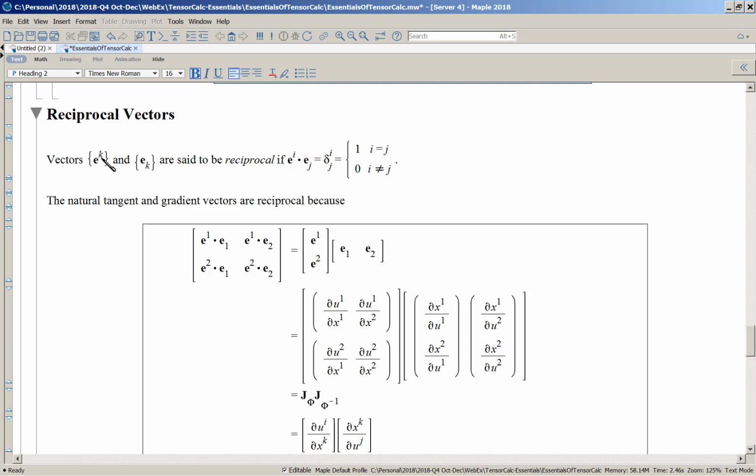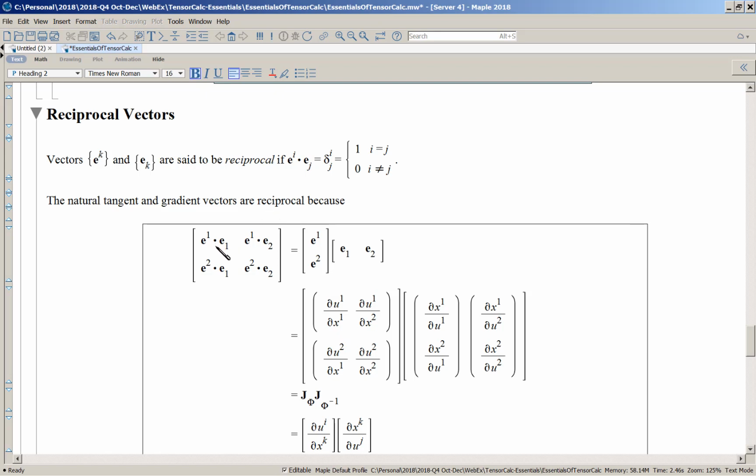So if you have E upper 1 dotted with E lower 1, 1, 1, you'll get a 1 because i and j would be the same. 2, 2, you'd get a 1. 3, 3, you get a 1. Any other combinations, you'll get a 0.